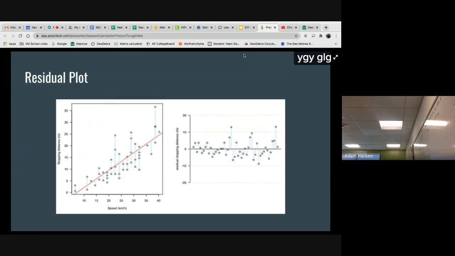So all these residuals have been plotted. I'm taking all of these horizontal, vertical differences, and then plotting them over here on the right. So I can see this difference is plotted right here. This difference, this residual error, is plotted right there. If your residual is in the middle, what does that mean? If your residual is pretty close to zero, it follows the trend, right?